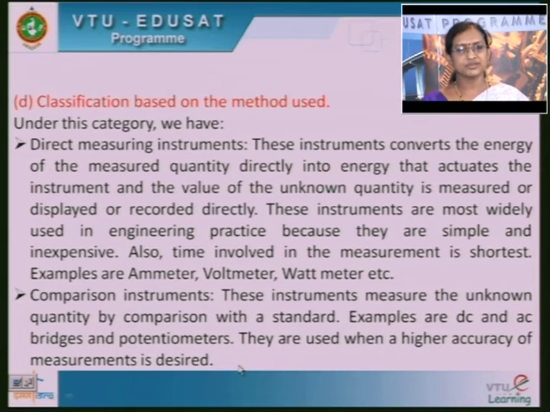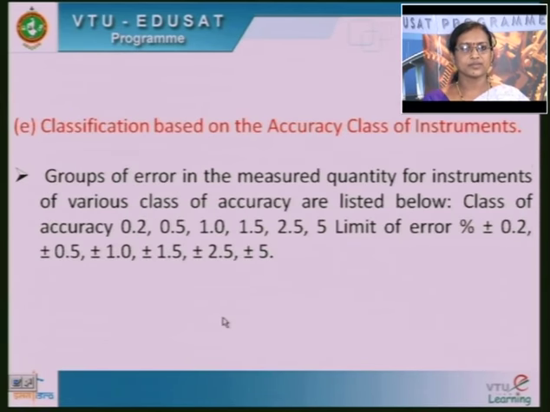You use these in high voltage, medium voltage and high current applications, because you can't measure that much voltage directly. That is why you measure some value and then compare it with a standard value. You will use the Schering bridge, which you will study in detail later in the measurement of electrical systems.